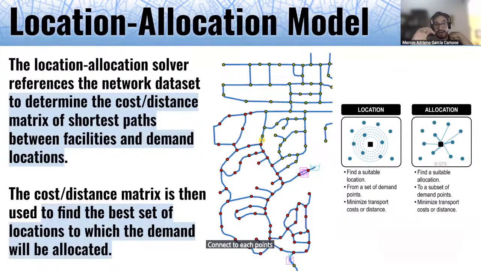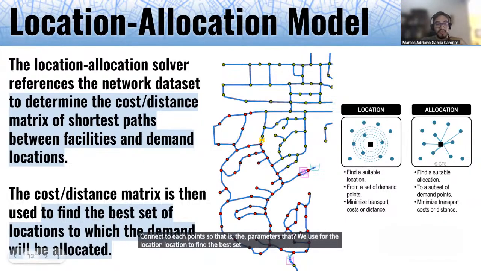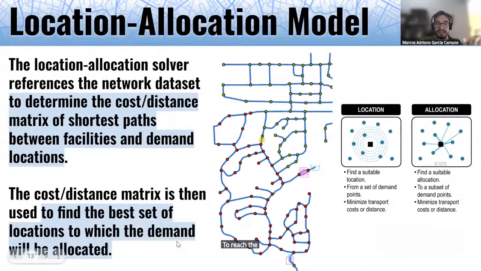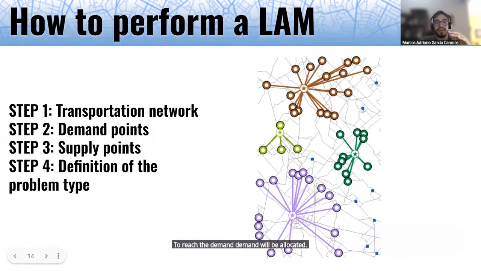So those are the parameters that we use for the location allocation to find the best set of locations to which the demand will be allocated. So the following slides will perform an allocation model, divided in 4 steps so we understand better.